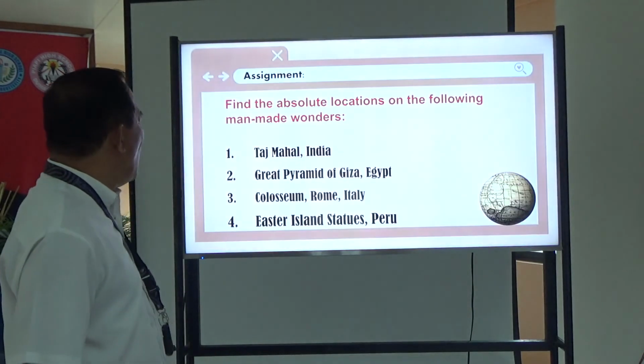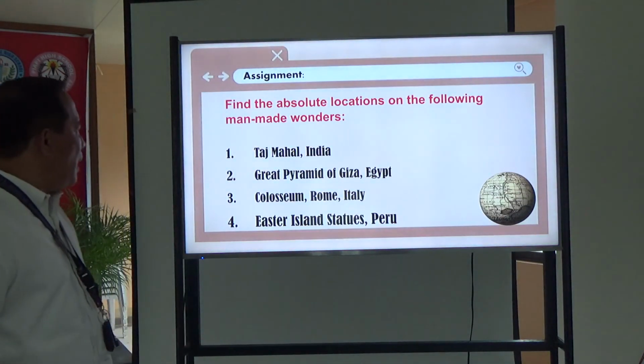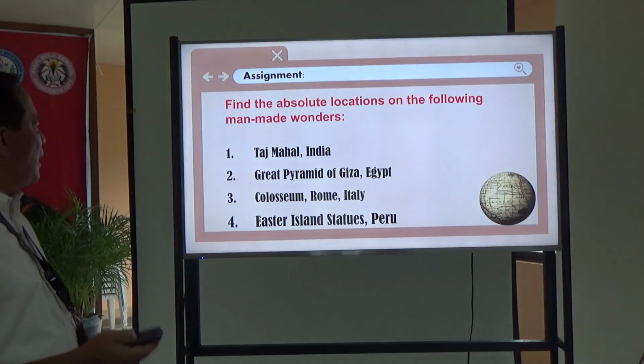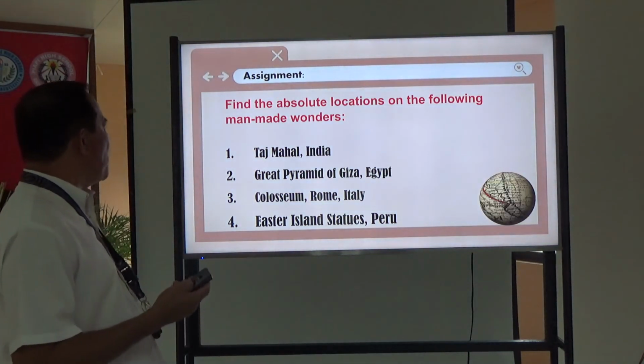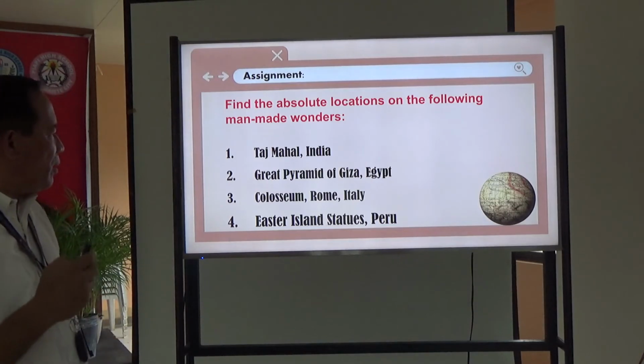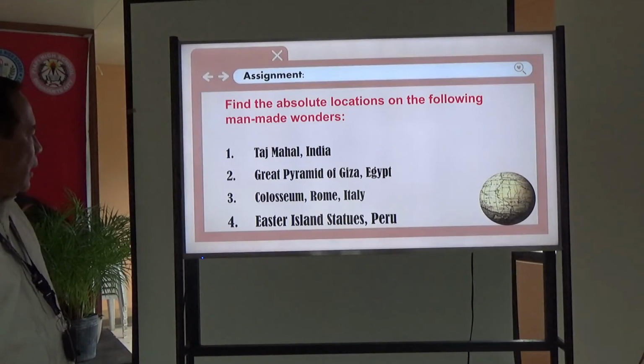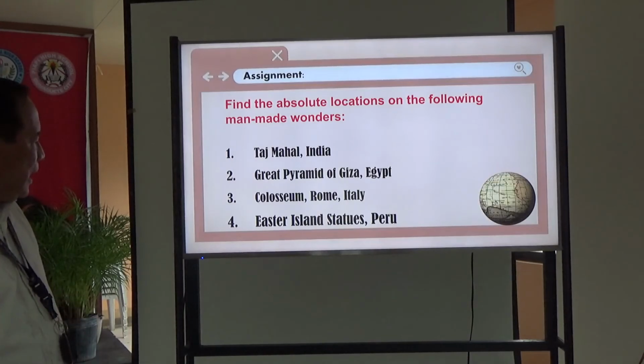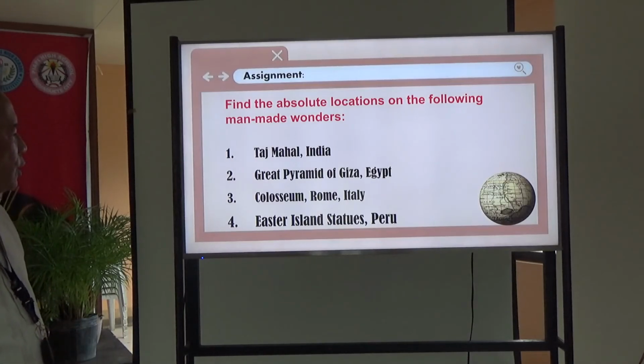For your assignment, try to find the absolute location of the following man-made wonders: the Taj Mahal in India, the Great Pyramid in Giza, Egypt, the Colosseum in Rome, Italy, and the Easter Island statues, Chile.